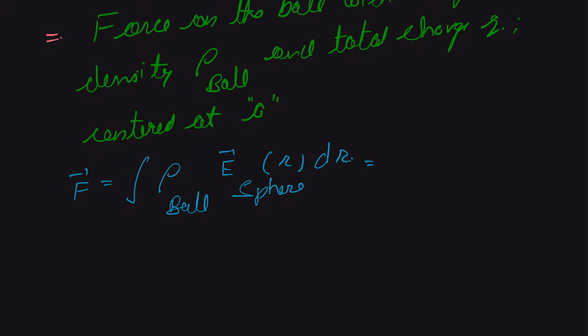So this comes as rho upon 3 epsilon naught, because E sphere we already found, times the charge density of the ball, times r dr.